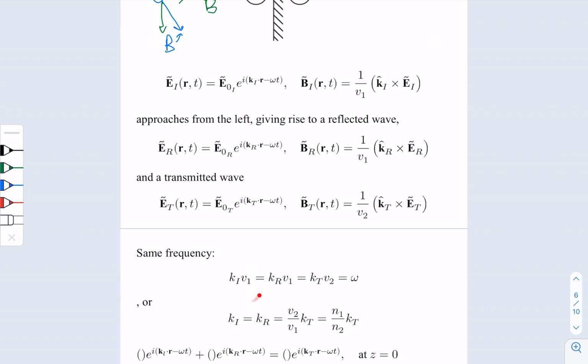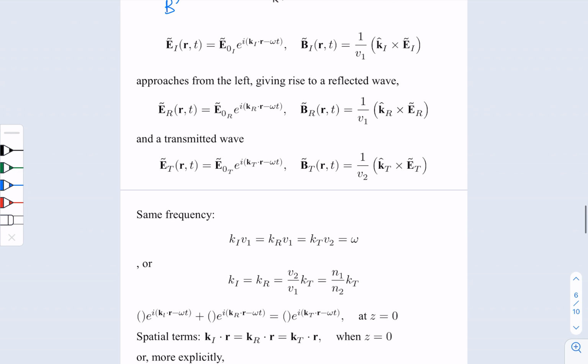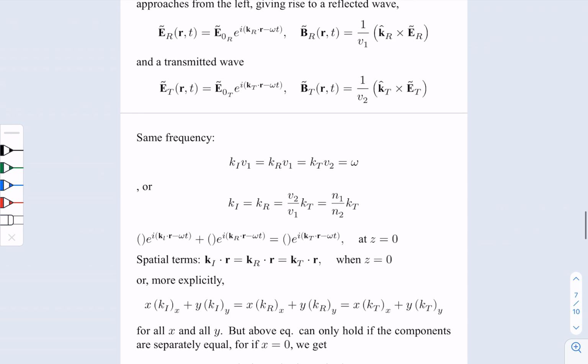So the speed of propagation is determined by 1 over n1. Now, if we write down the solutions, the solutions can be expressed by something like this.